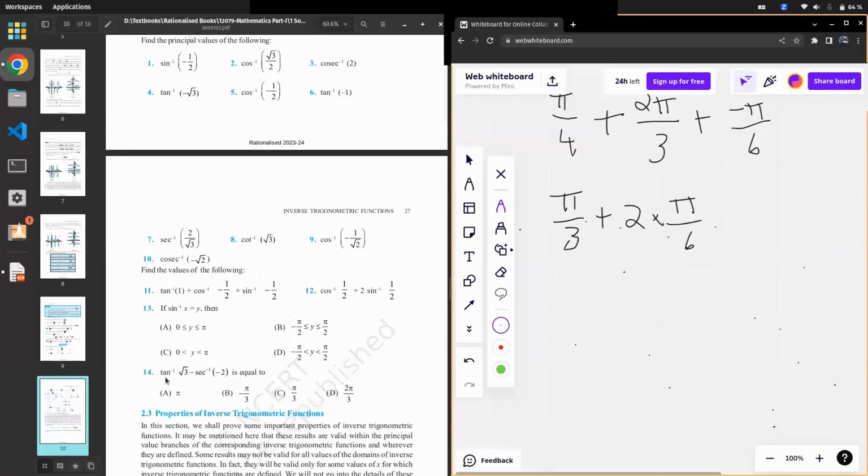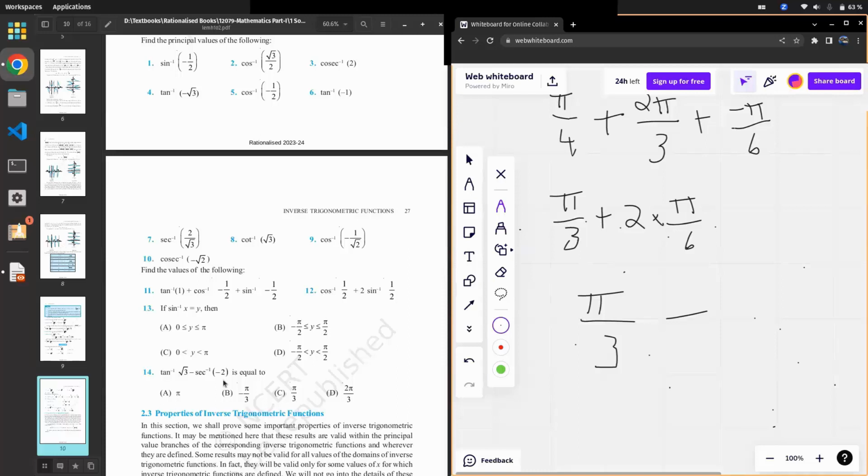The 14th question says we have to find the value of tan inverse of root 3 minus secant inverse of minus 2. The value of tan inverse of root 3 will be pi by 3. Now we have to find the value of secant inverse of minus 2.